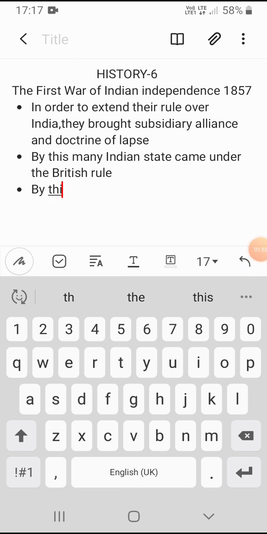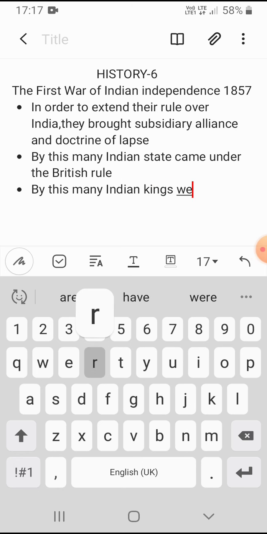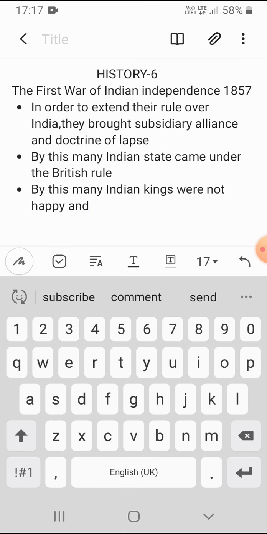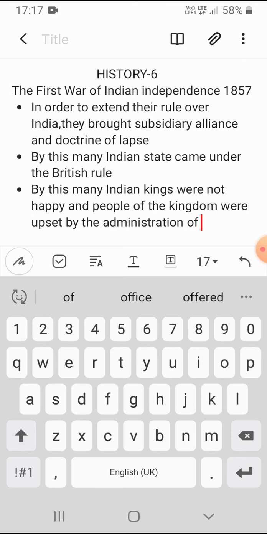By this, many Indian kings were not happy, and the people of the kingdom were upset by the administration of the British.